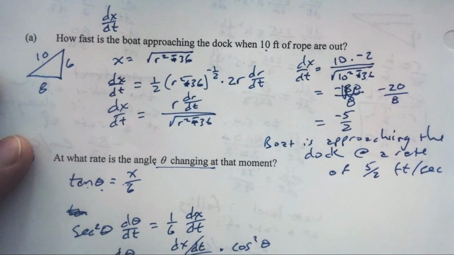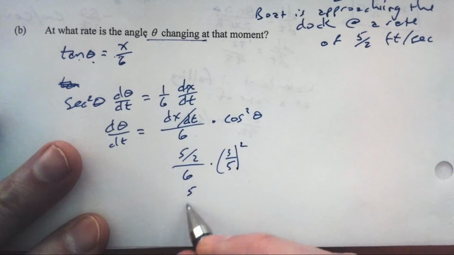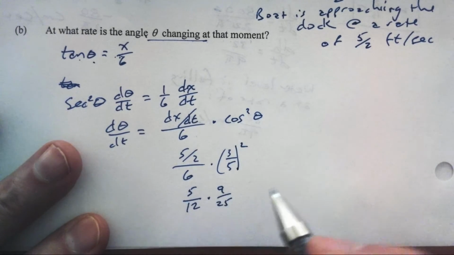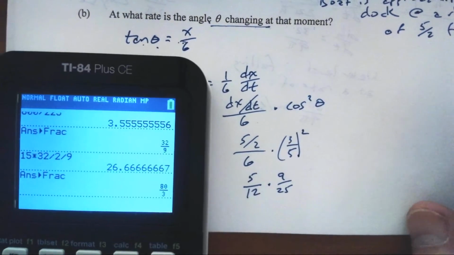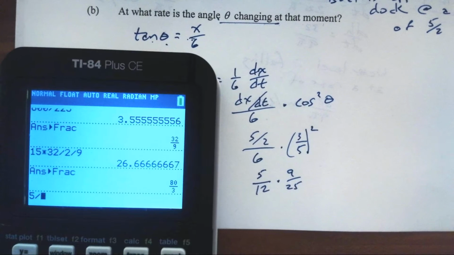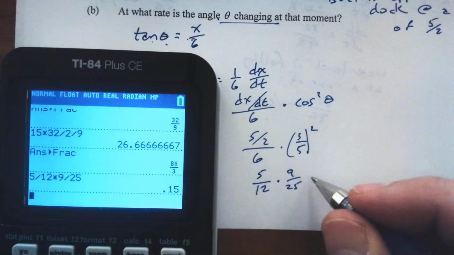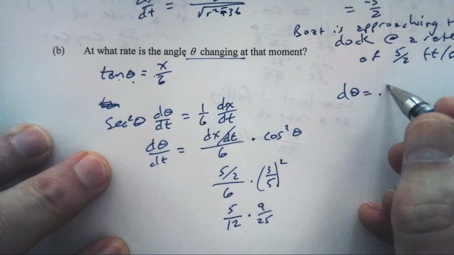So that is 3/5 squared, or I get 5/12 times 9/25. Do I want to be lazy? Yeah, I want to be lazy. Wouldn't have to do this, but 5 divided by 12 times 9 divided by 25. Could it be that easy? I think I'm just going to keep it 0.15. You can math fraction that if you want. So d theta dt equals 0.15.